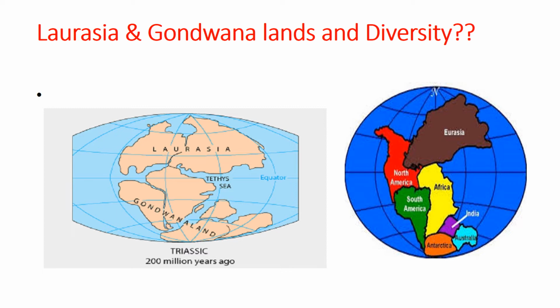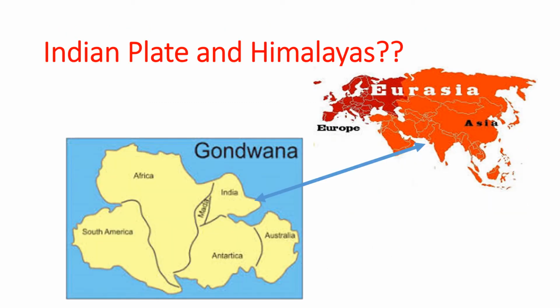And here you can see the purple color is showing the Indian plate, which is a part of Gondwana land or African land. Next, what actually happened with that Indian land or Indian plate?